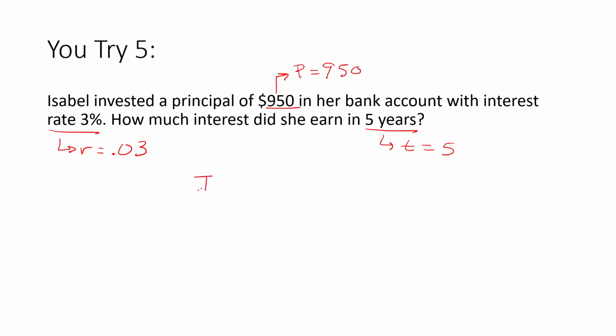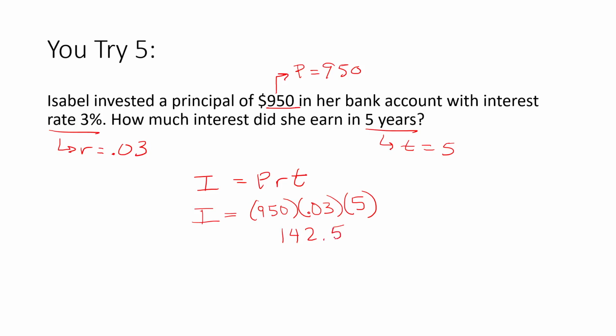So now I need to use the formula. I is equal to P times R times T. And let's put them all together. The interest, which is what I'm looking for, is equal to P, which is 950, times R, which is 0.03, times T, which is 5. And I can type all of that into my calculator. And I'll get $142.50.